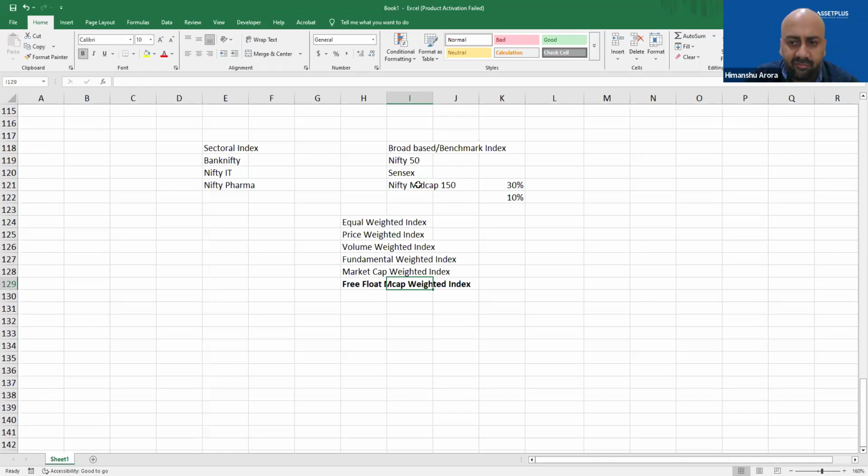Mayur, we have already covered the free float topic earlier. Were you not there? So free float shares are the freely floating shares. इन्हीं shares के basis पे आपका market cap जिसका ज़्यादा है उसको ज़्यादा weightage आप दे देते हैं.